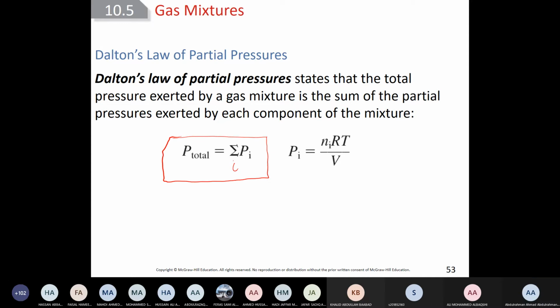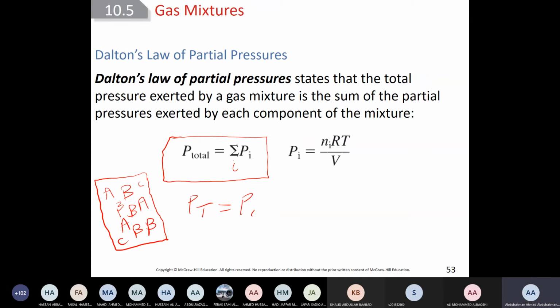So if we have a container, as I said, and we have three kinds of gases, A, B, and C, for example, all right, then the P total, PT, is equal to P1 plus P2 plus P3, which I call here A, B, and C, same thing. All right, this is the first way to look at Dalton law. You have to memorize this.